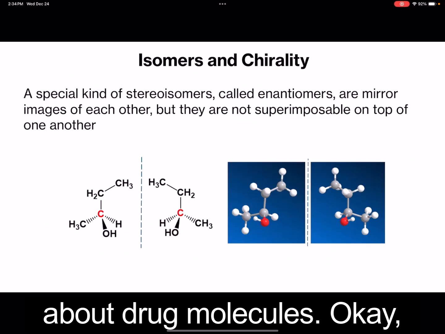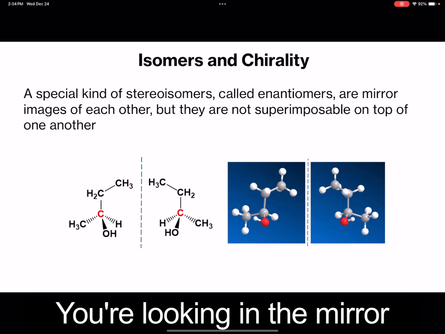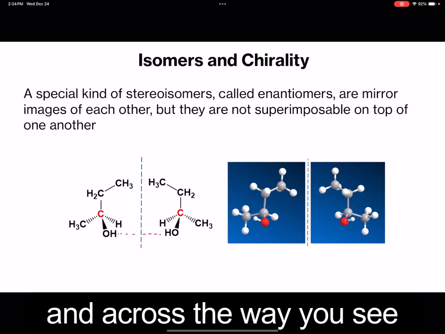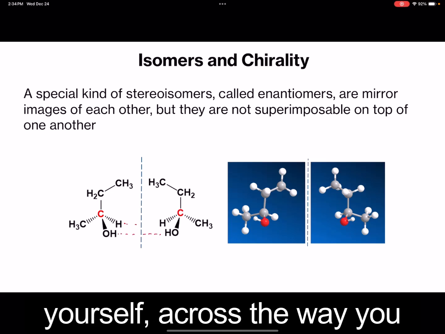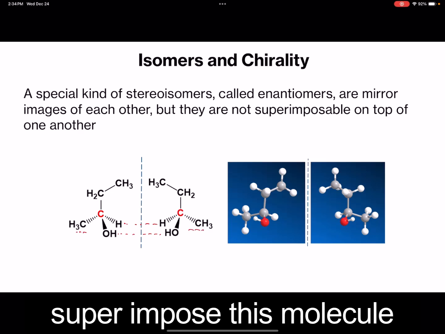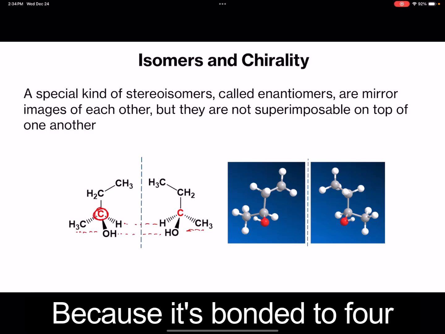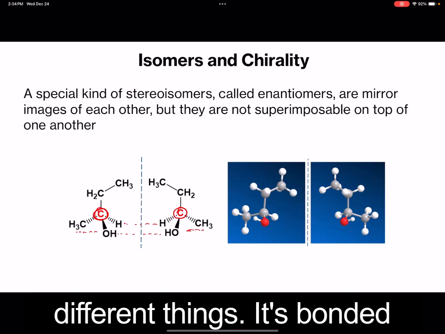Okay, so we said when you have exact mirror images, right? You're looking in the mirror and across the way you see yourself, but you can't superimpose this molecule on top of itself. This is chiral, right? Because it's bonded to four different things.